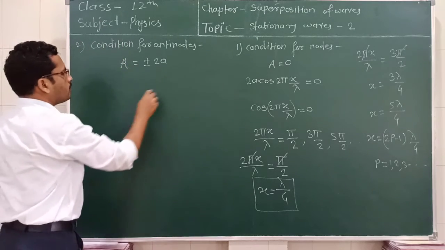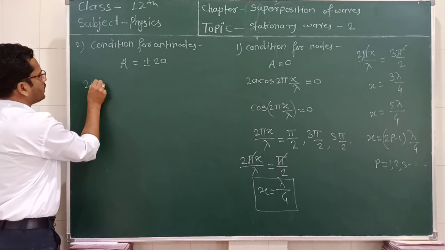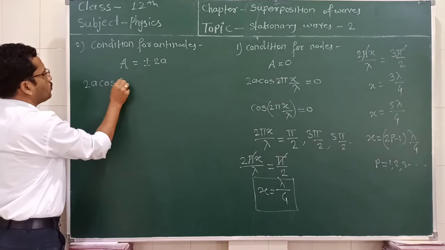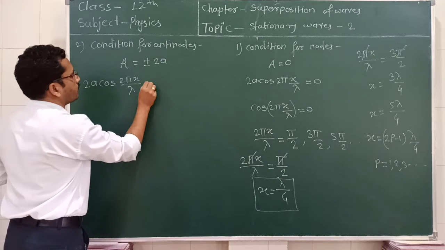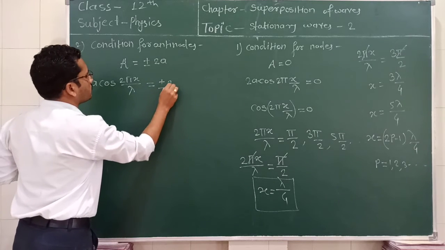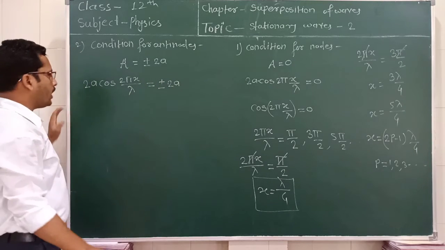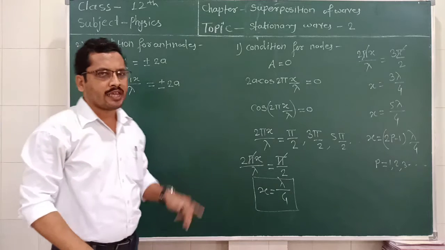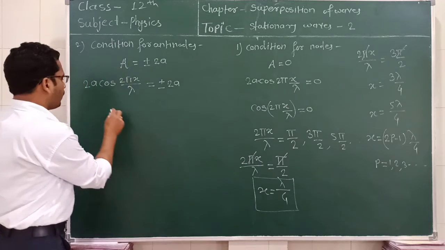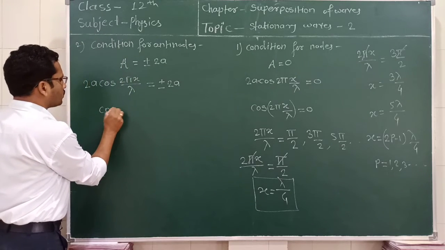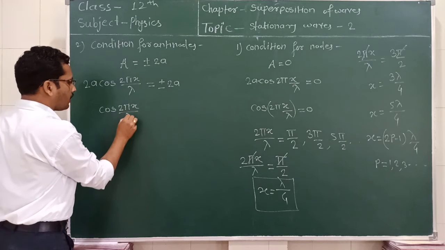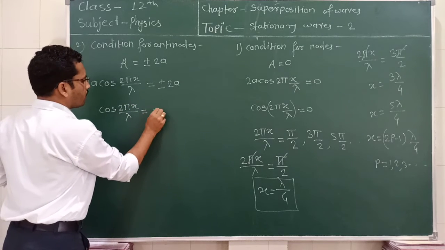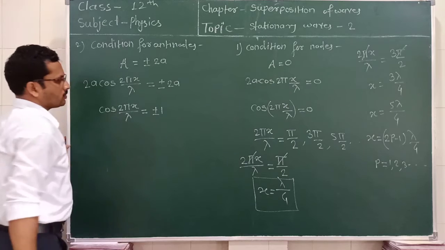What is A equal to? This A is equal to 2a cos 2 pi x upon lambda, which is equal to plus minus 2a. Now here this 2a and this 2a get cancelled. So we can write here this cos 2 pi x upon lambda is equal to plus minus 1.